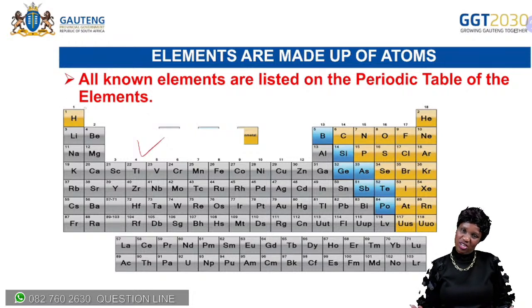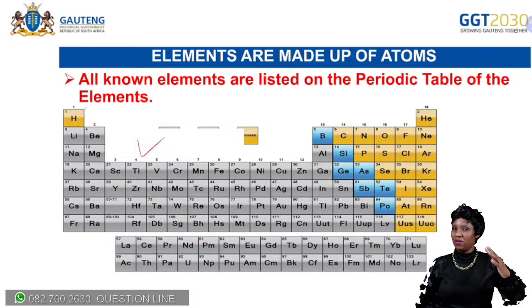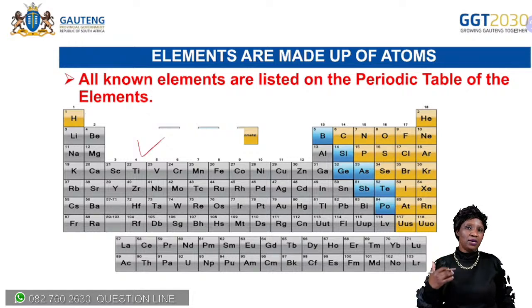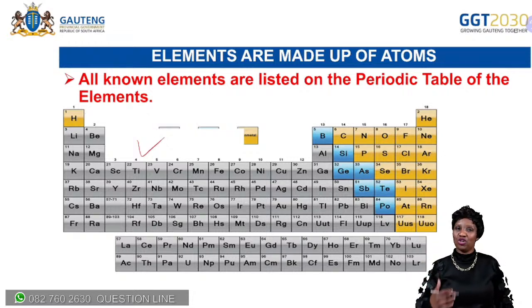The elements are unique, right? Because they've got the different atomic number and the different name and then the chemical symbol and the atomic mass. They are different. Do you get it? But the atoms of the same element are identical. They are the same. All right. Good. And then let's move on.